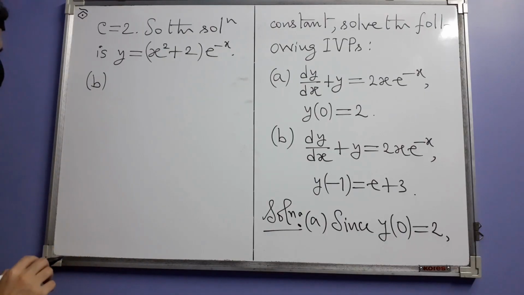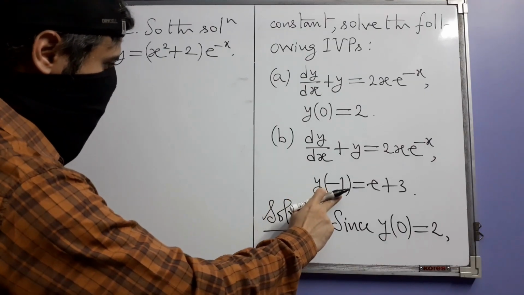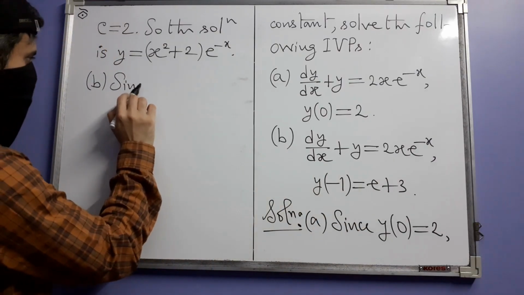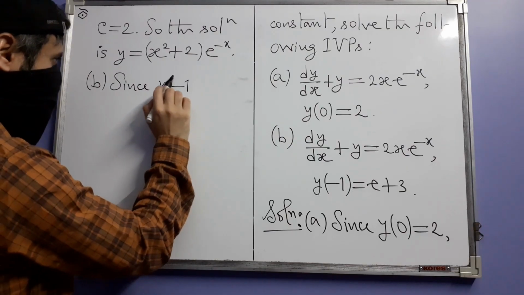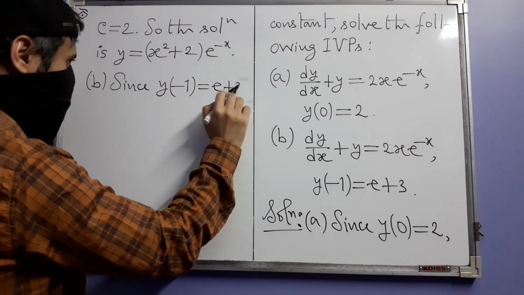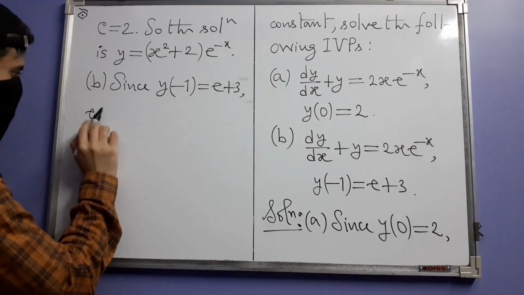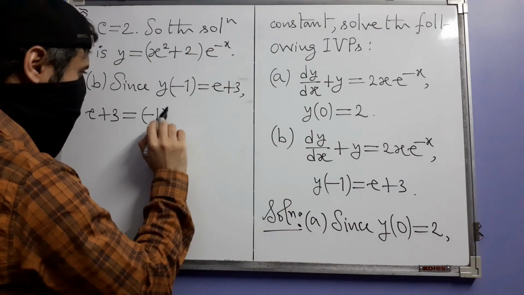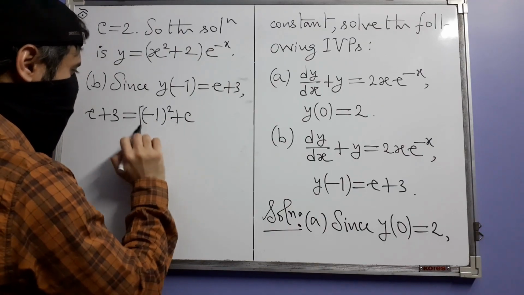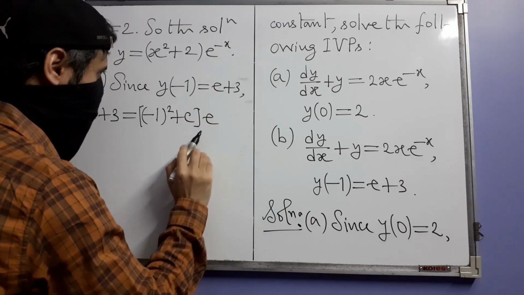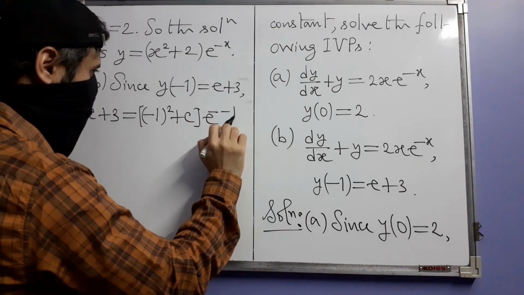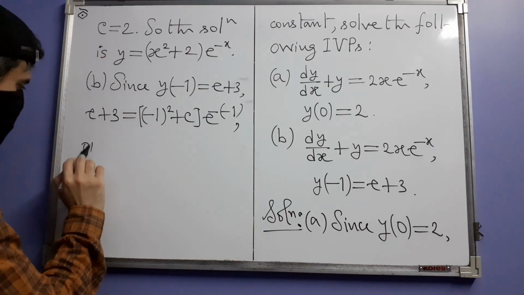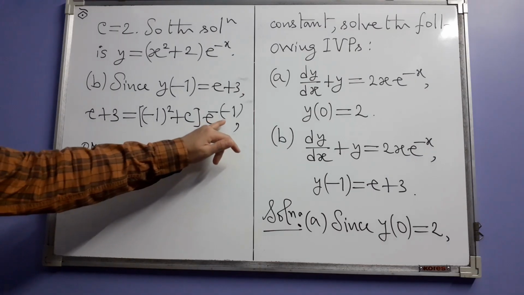And then part B. Here we have to substitute x equal to minus 1 and y is e plus 3. So e plus 3 equals minus 1 square plus c times e to the power minus of minus 1, so that means it is just e.